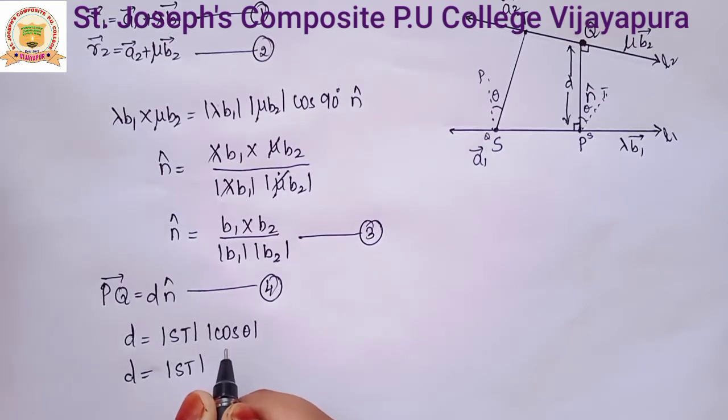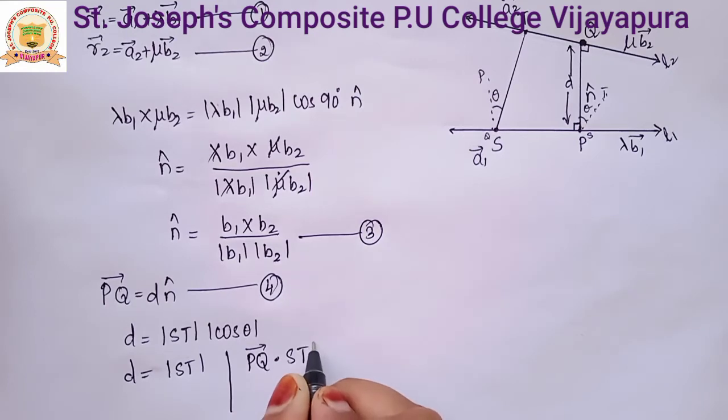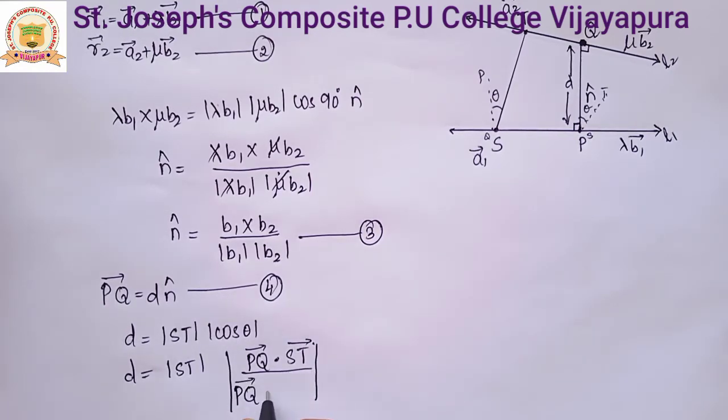So how to find the cos theta, where theta is the angle between the line vector PQ and vector ST. This can be written as vector PQ dot vector ST divided by magnitude of PQ into magnitude of ST. So this gives you cos theta. Here you see the magnitude of ST and magnitude of ST get cancelled.